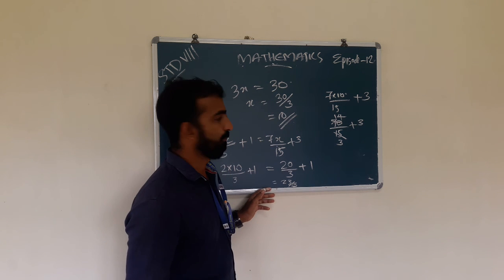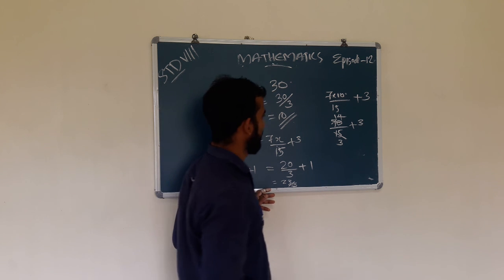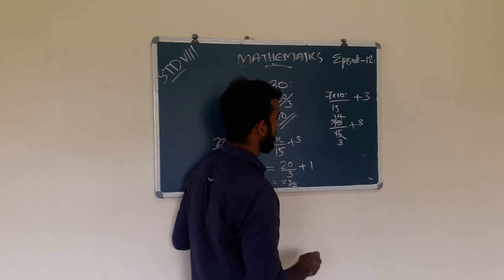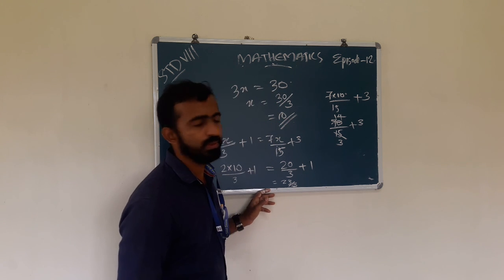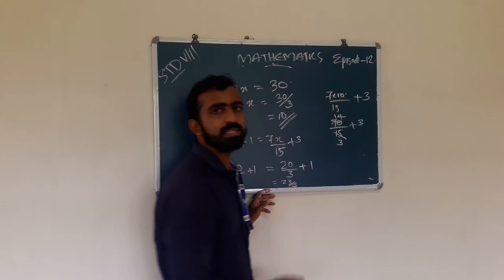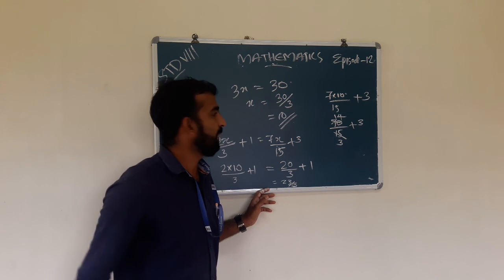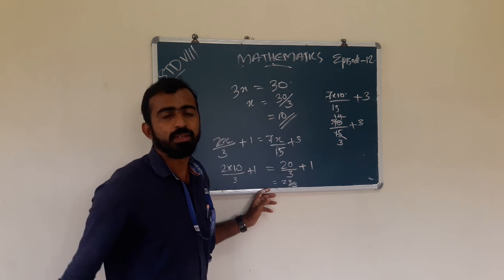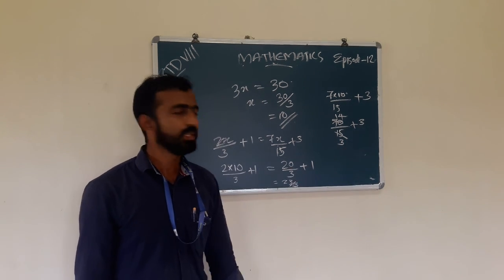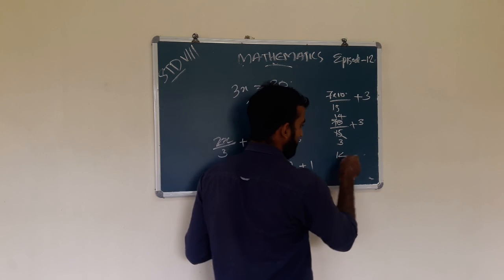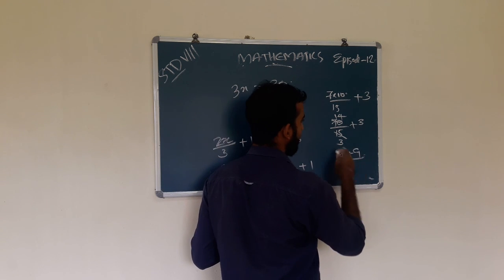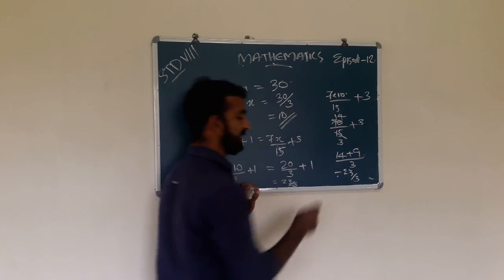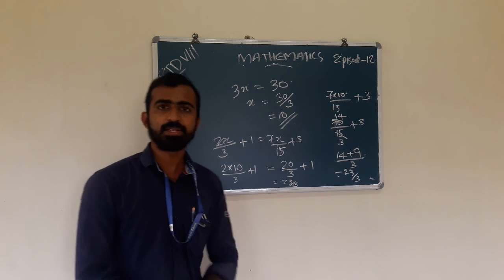When we add these, what is the answer? That is 3 into 3, 9, so 23 by 3. The answers are same.